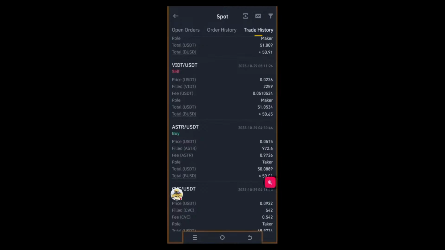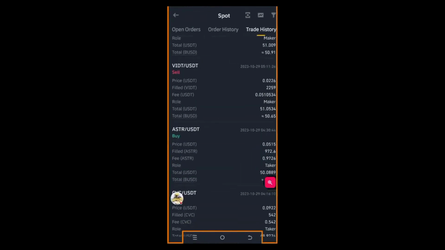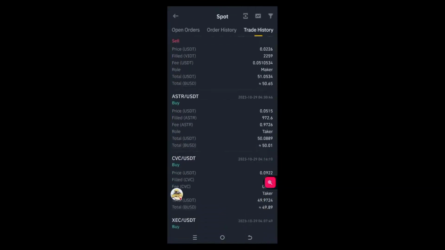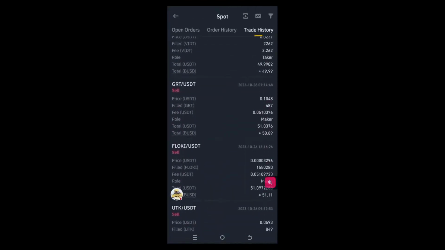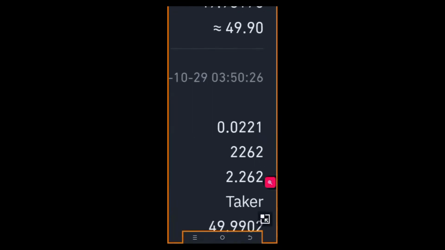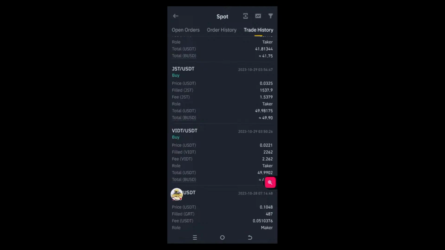Okay, so this is VIDT. We bought it at 221. Let me go and check so that I can show you and be very sure. Look at it here. We bought it here at 221. That's the price we bought it at.